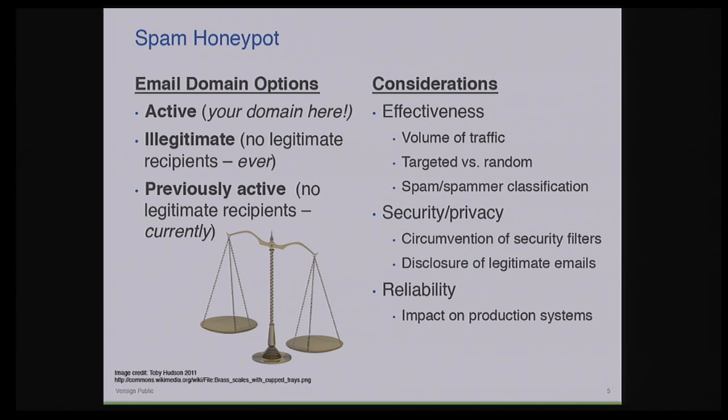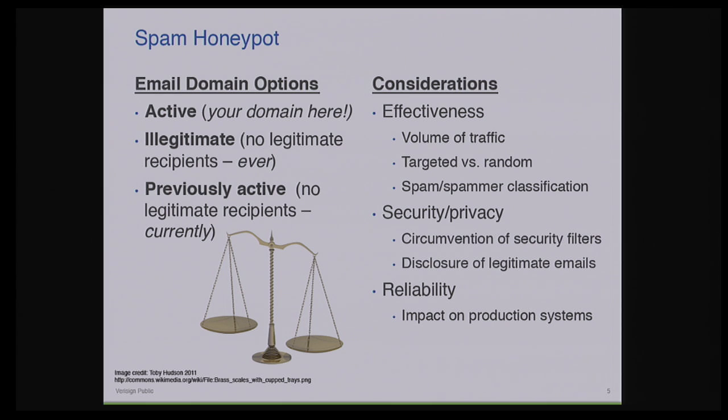So when deciding what considerations you might need for eliciting spam and how effective it might be, there are basically three different types of email domains that I've identified. First of all is active, one that actually has valid email recipients on the other side.